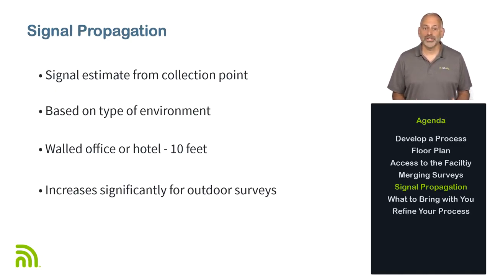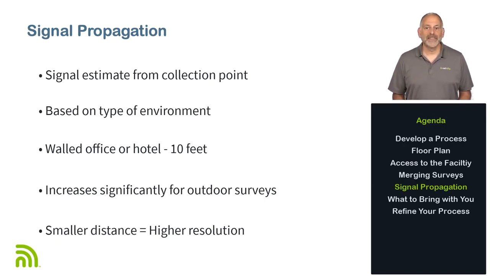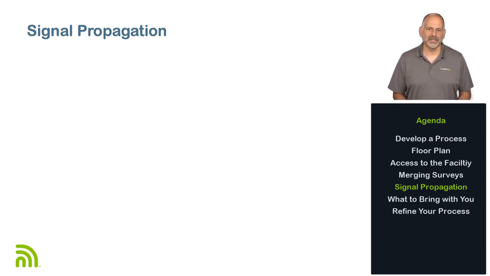The smaller the signal propagation distance, the more measurements you'll be taking. That means surveying will take longer, but the resolution of the survey will have much more detail. It's best to agree upon the signal propagation with the customer or other key parties prior to beginning the survey. This is one of those parameters that should not be changed after the survey is complete.